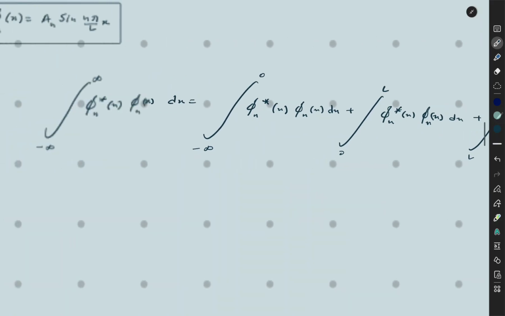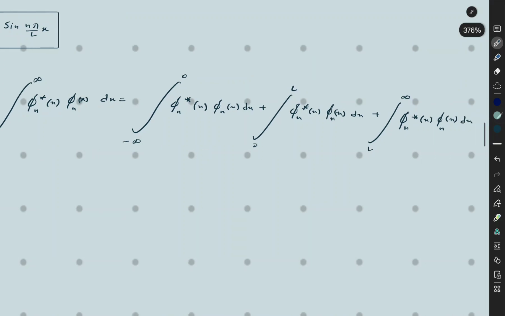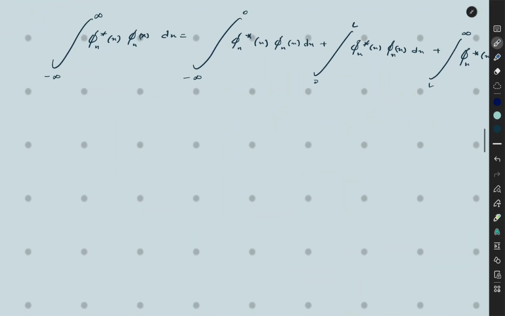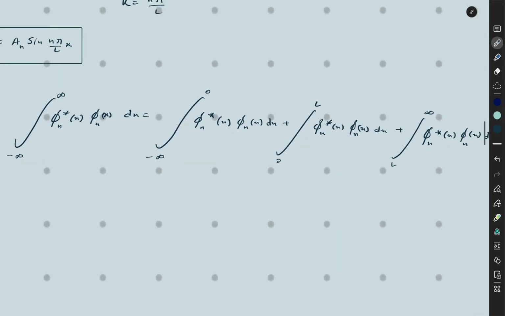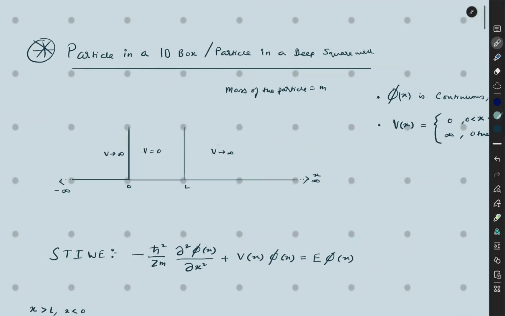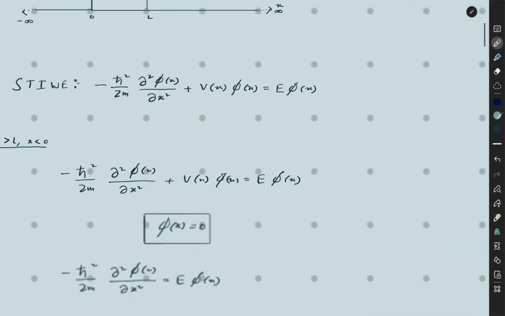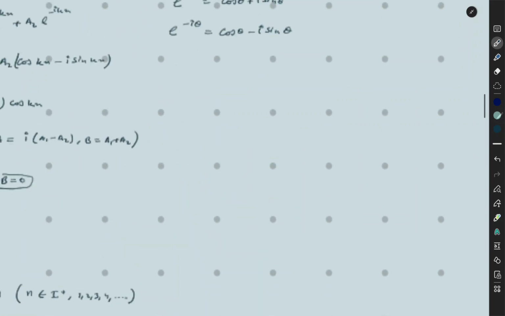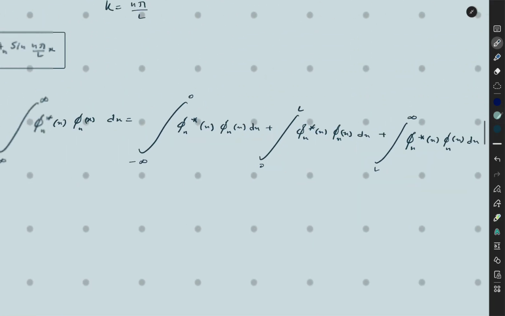So from here we can see that the wave function is 0 outside the box. Here V is tending to infinity and phi is equal to 0. Here also phi is equal to 0. So from minus infinity to 0, there is no probability of finding the particle, so it is becoming 0, and it is becoming 0.